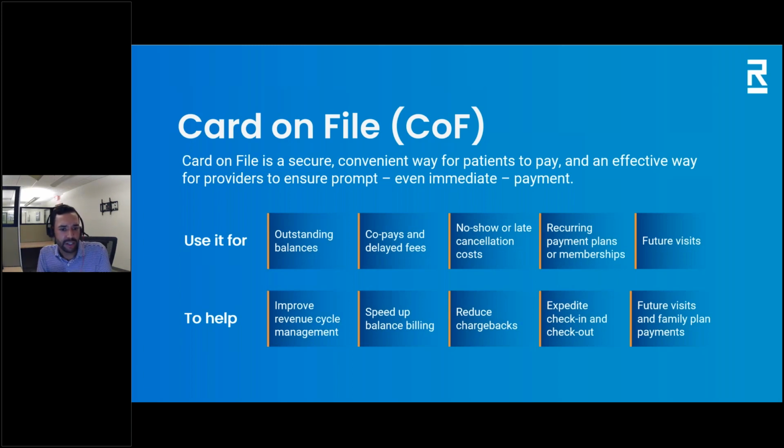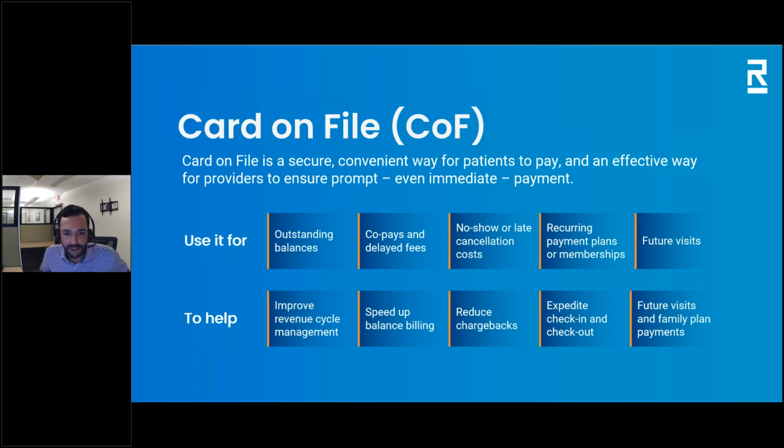We talked about expediting check-in and check-out processes, and then of course for future visits and family plan payments. Thinking about pediatricians, right? Sometimes you might have the grandparents after school taking the children to their visits. Well, you have the parents' card on file, which is a really good thing, right?